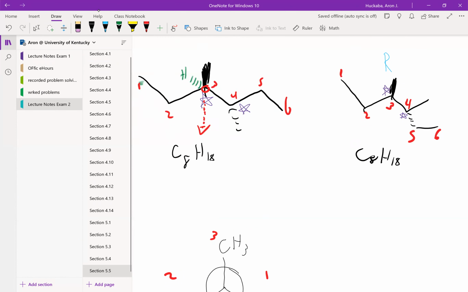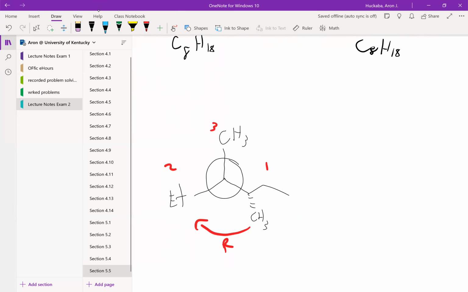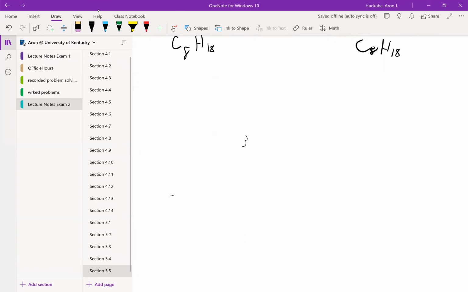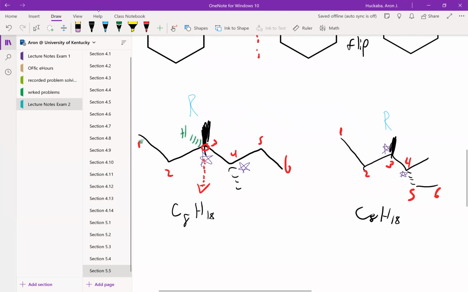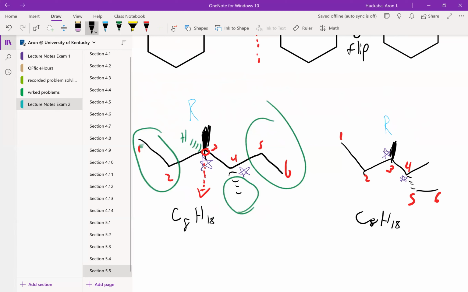And remember, we just said that this is R. Okay, so in the second chiral carbon on the left, we have 1, 2, 3, and 4 groups, right? There we are. Hydrogen always gets the lowest priority, number 4.